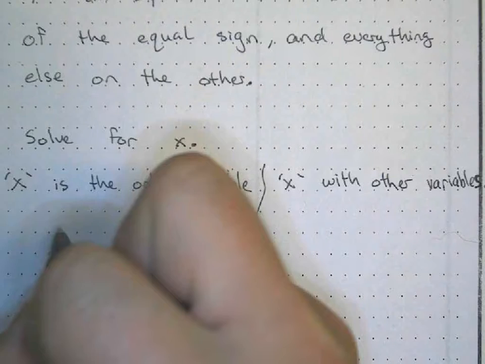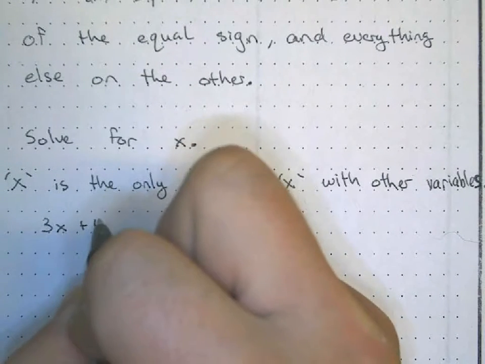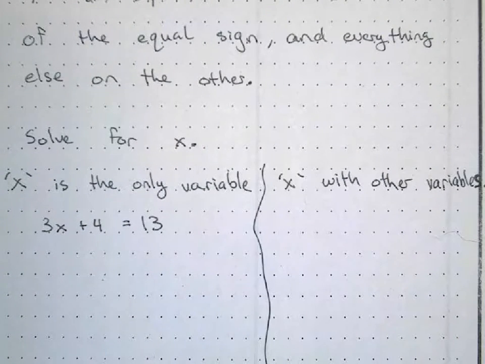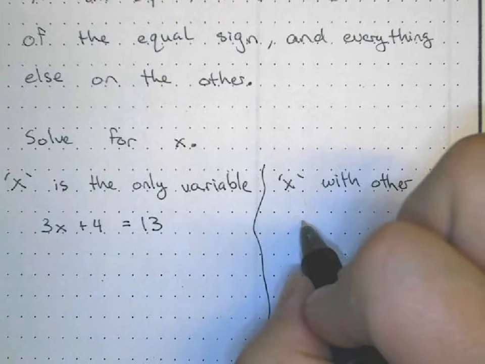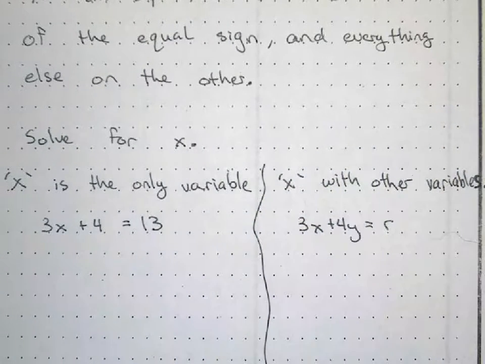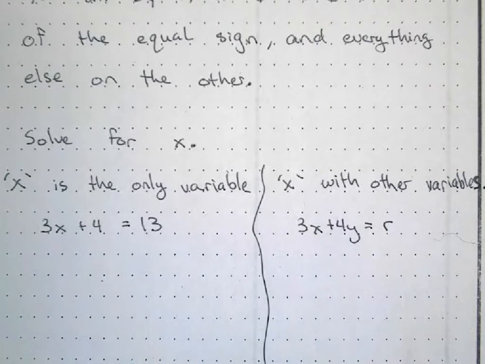So first I'm going to write both equations, and they'll look quite similar. I'll have 3x plus 4 is equal to 13. And then on my right-hand side, I'm going to use 3x plus 4y equals r. So we're looking quite similar. I both have 3x's. We're adding something to that 3x, and then it equals something.